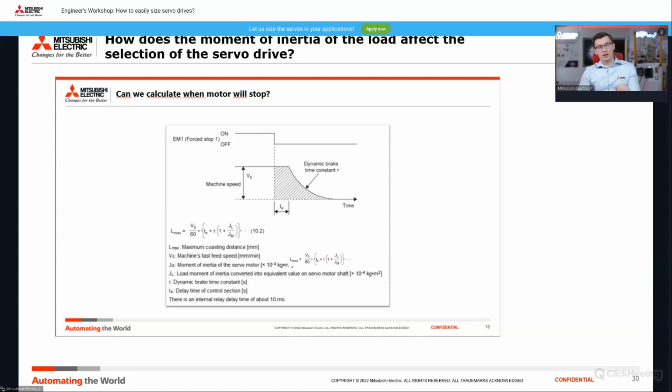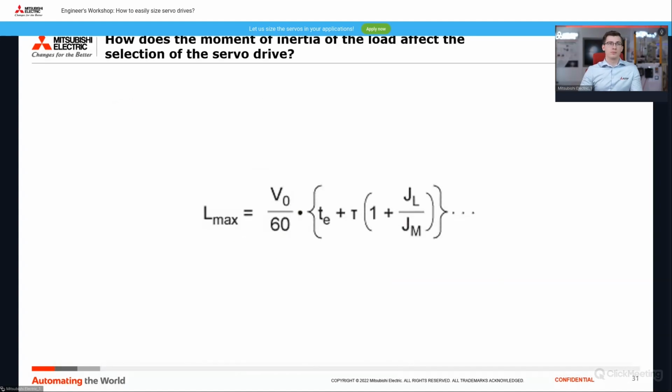But as you can see, before on the slides, I showed you these dynamic brakes, and I told you that we can calculate when the motor will stop when the dynamic brake is applied. And here you can see JL divided by JM. JL is the inertia moment of the load, JM is the inertia moment of the motor. So this ratio is already in this equation of how to calculate the movement that the motor will do.